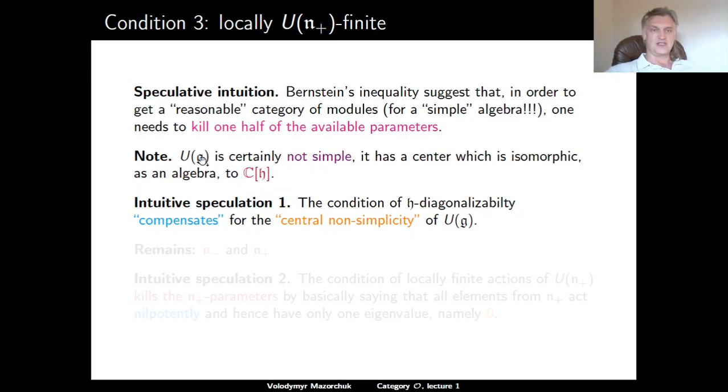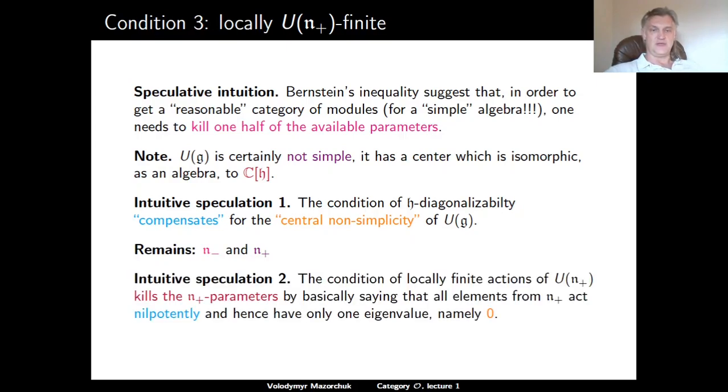Since our algebra G has a triangular decomposition n minus plus h plus n plus, and this condition takes h out of the game, what remains is n minus and n plus. So we can intuitively speculate that the condition that the action of U(n plus) should be locally finite kills half of the remaining parameters, which correspond to n plus.